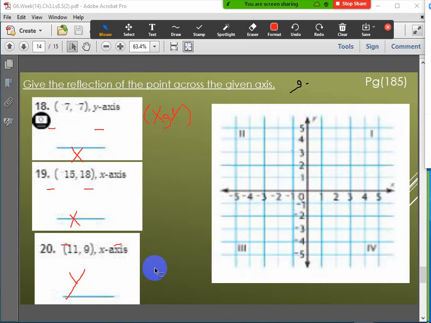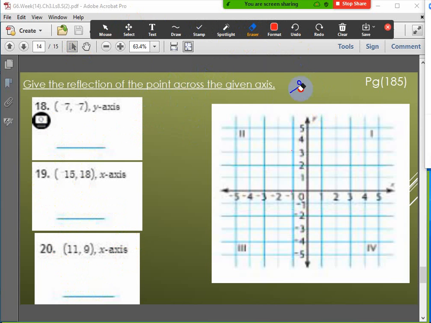Now let's continue. The last question is: give me the reflection of the point across the given axis. This is very important actually. I told you when I have a reflection around x, that means I have the same x, or the same axis, and the other coordinate will be the opposite. Let's take a look. Look, girls, negative 7.